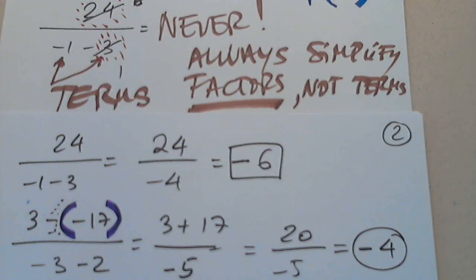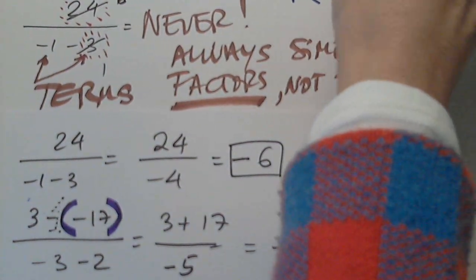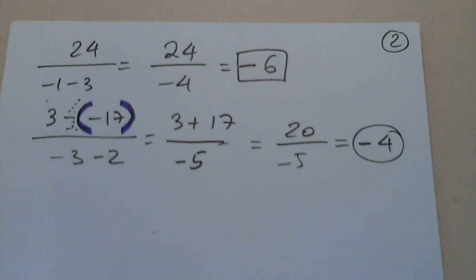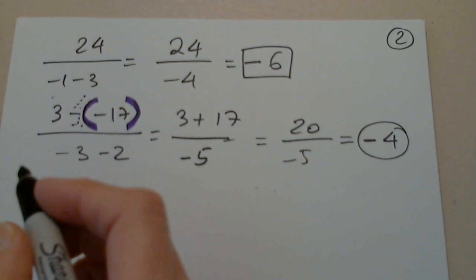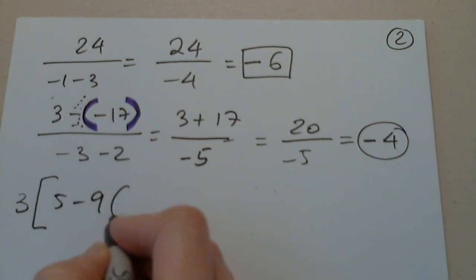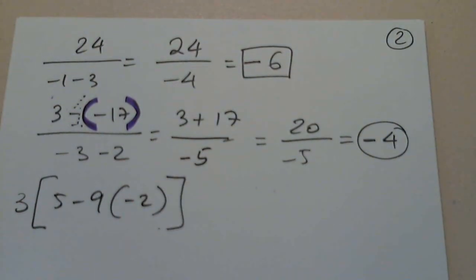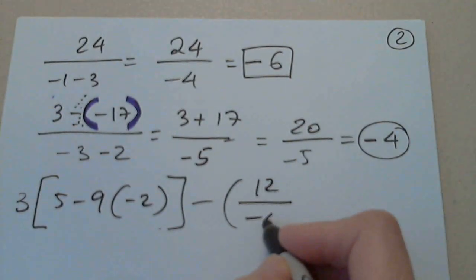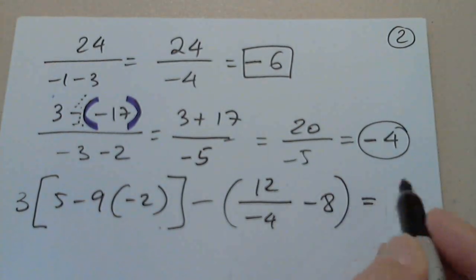Any questions? Good contribution so far, thank you. Good, here's another example. 3, bracket, 5 minus 9, parentheses, negative 2, close the bracket, minus, open parentheses, 12 divided by negative 4, minus 8.